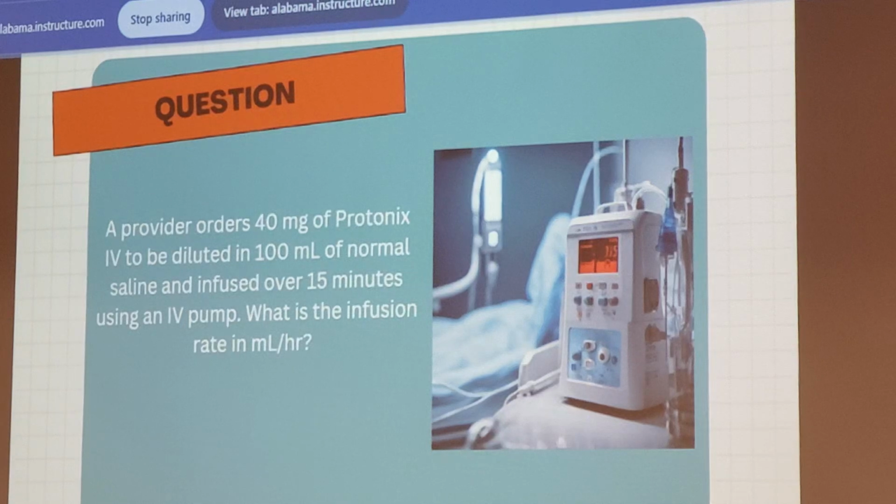Little math for you, Sam, don't answer. Provider orders 40 milligrams of Protonix IV to be diluted in 100 milliliters of normal saline and infused over 15 minutes using an IV pump. What is the infusion rate in milliliters per hour? Give me a second.